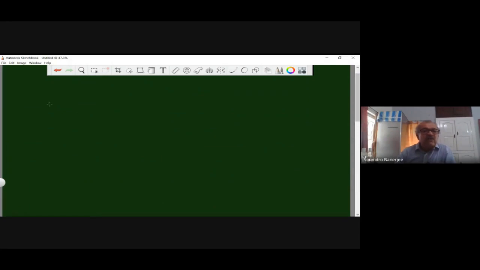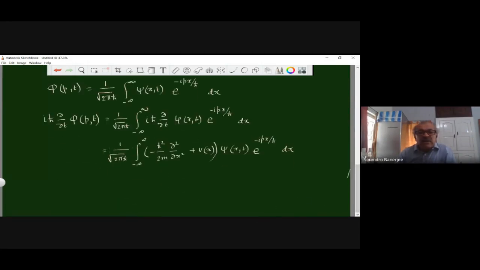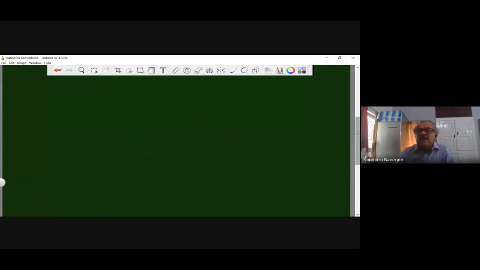We now need to calculate the integral from minus infinity to infinity of del 2 del x2 of psi of x, t, times e to the power minus i p x by h cross. We can do that by integration by parts.